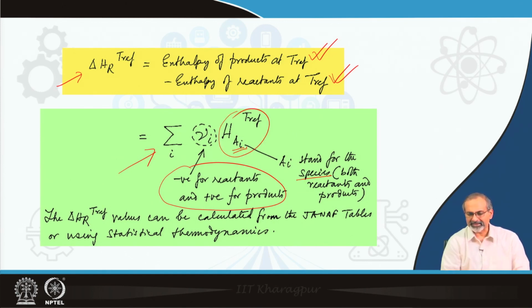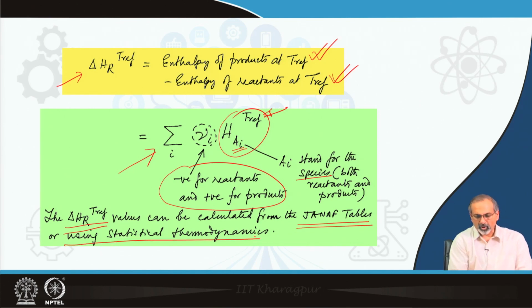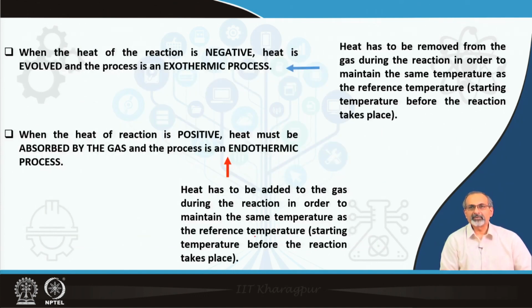The species here is A i, and all maintained at temperature T ref. These delta H R at T ref values can be calculated from tables like the JANAF tables, which are very popular, or by using statistical thermodynamics or statistical mechanics tools. So, this was a brief recap.